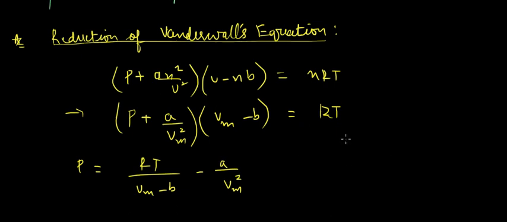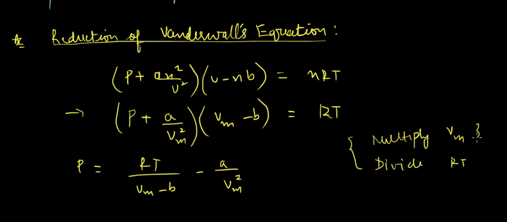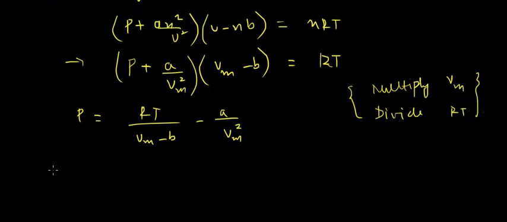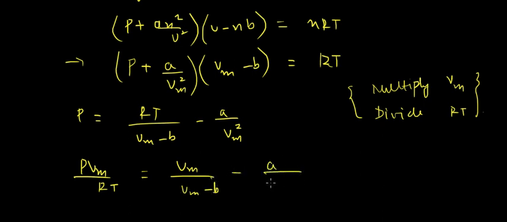So let's multiply both sides with Vm and divide both sides with RT. So we will be getting PVm upon RT would be equals to Vm upon (Vm minus b) minus a upon RT Vm.